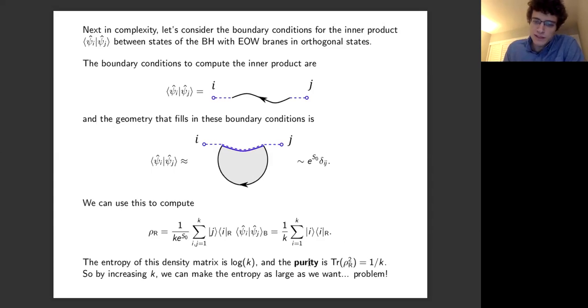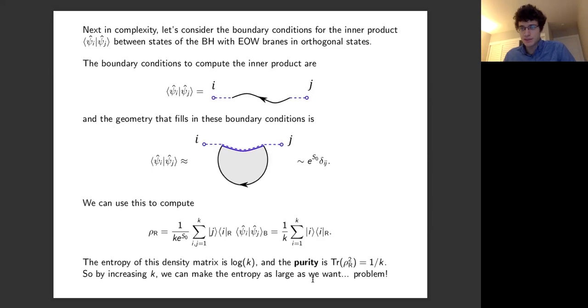It's helpful to keep in mind that big entropy corresponds to small purity. So by making k very large, we can make the entropy huge, since log k gets very big, and the purity extremely small, since 1 over k gets very small.